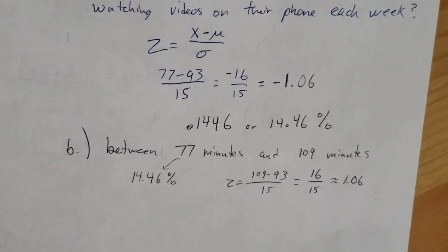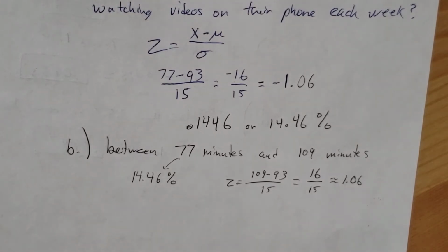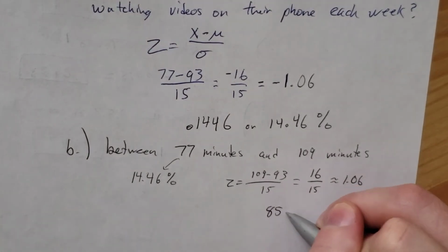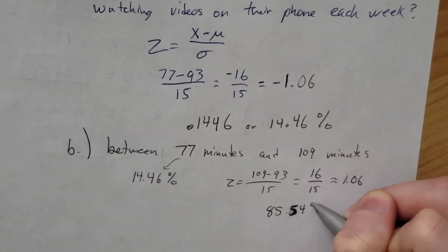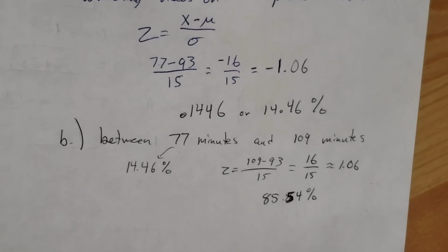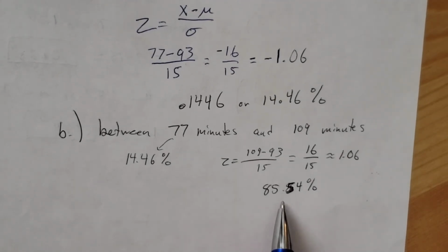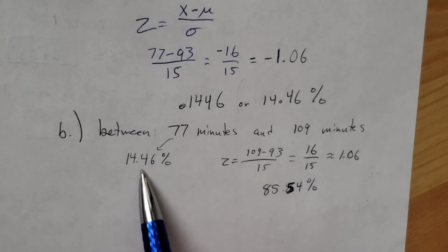So we go back to our table on page 740, and we look up what that value is. 1.06, we go along 1.06, and we find that that is 0.8554, or 85.54%. Now notice, that should actually make sense. What is 100% minus 14.46?